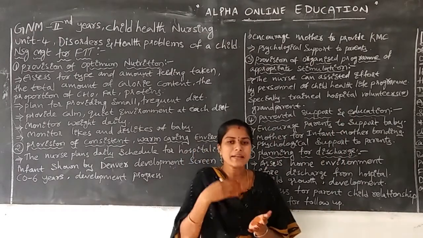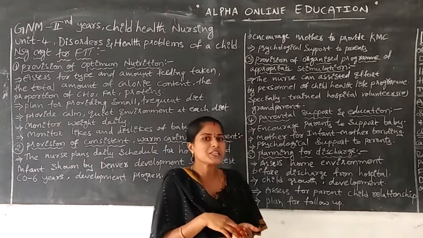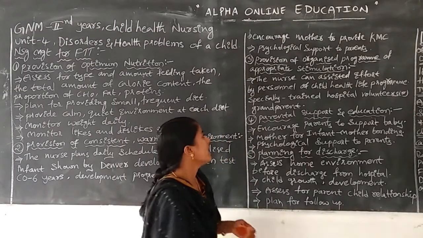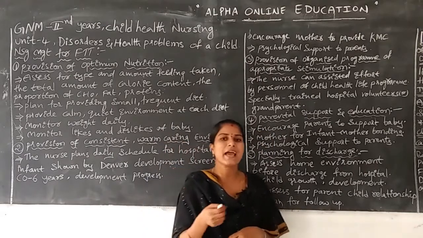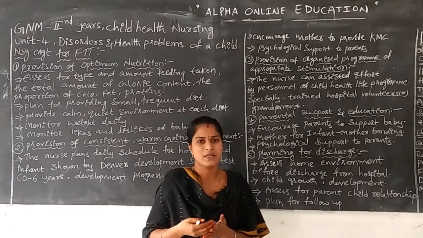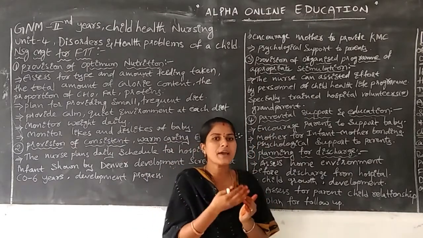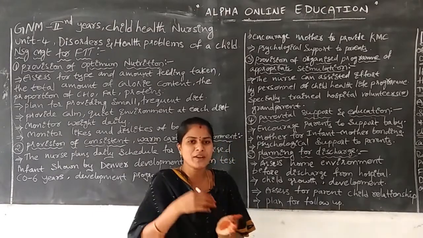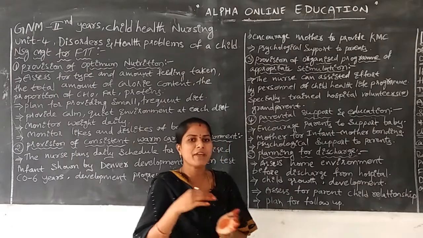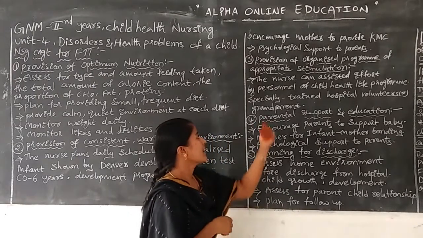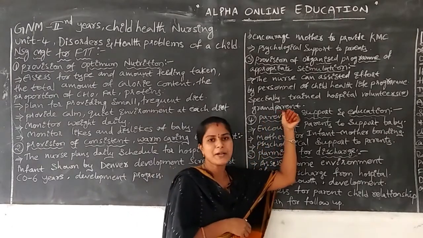The mother will receive some encouragement and experience from the grandparents. Why? Because the grandparents have experience. How we treat children for improving their health and weight, what care we have to provide, the grandparents know that very well.